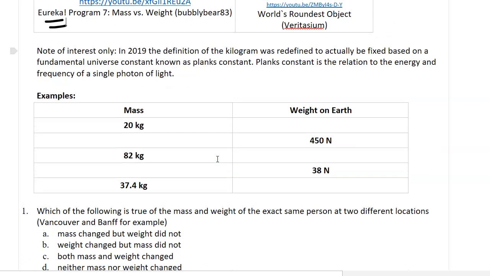Key thing: when going from mass on Earth to weight on Earth, we're always going to multiply by 10. Again, this is assuming Earth. If you're on Mars, on Jupiter, or on the moon, you're at a different location in the universe and you cannot make this assumption.